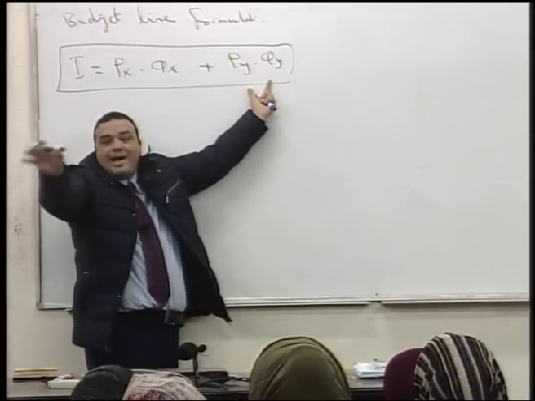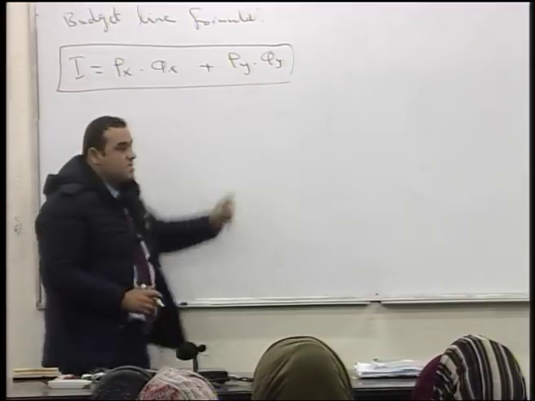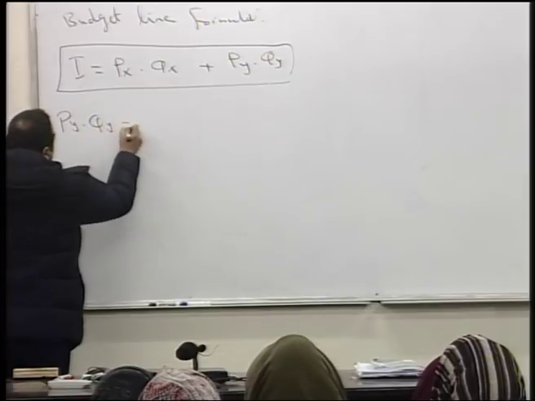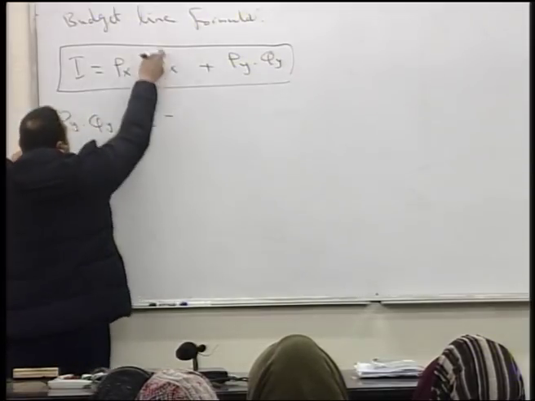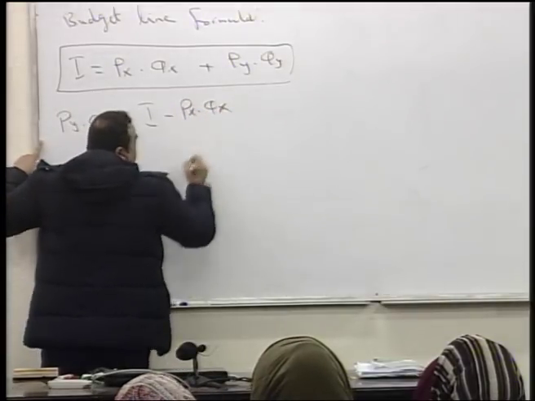I want to get QY alone. How? Keep this part, so we have price of Y times QY equals income minus this part, PX times QX, right?